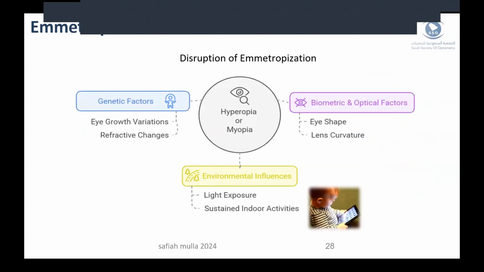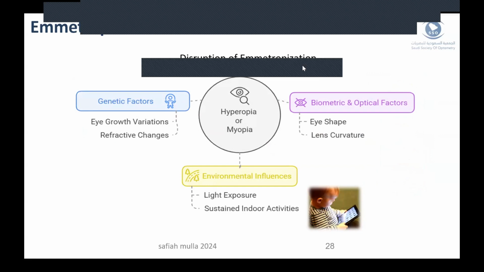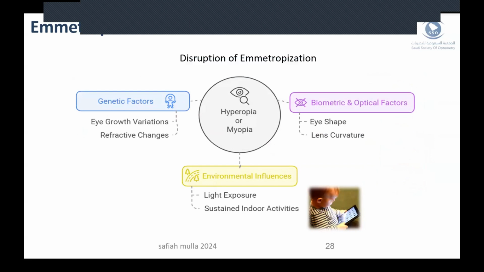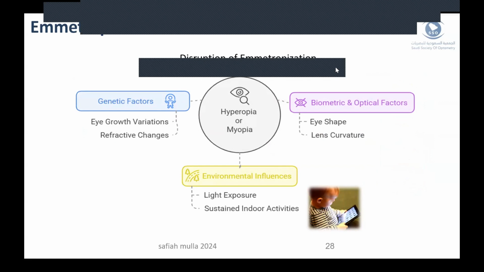So is the child going to be hyperope or myope? It is not known. The disturbance of emmetropisation could take the child toward hyperopia or myopia. What decides this are biometric or optical factors such as the eye shape and the lens curvatures, genetic factors that lead to eye growth variations and refractive changes the child could have, and environmental influences such as light exposure and sustained indoor activities of the child.